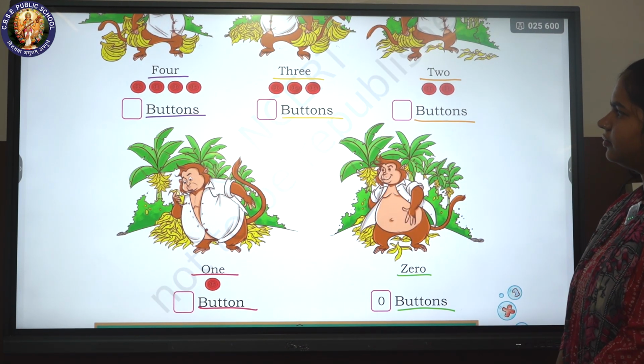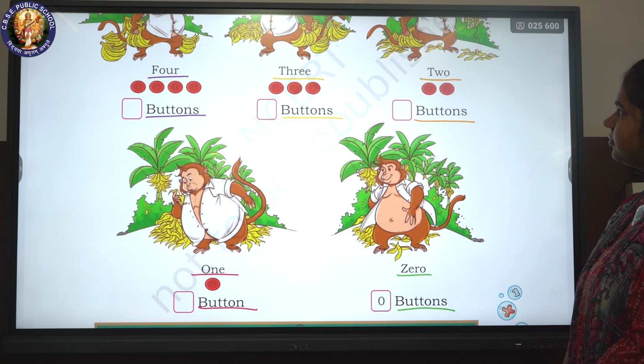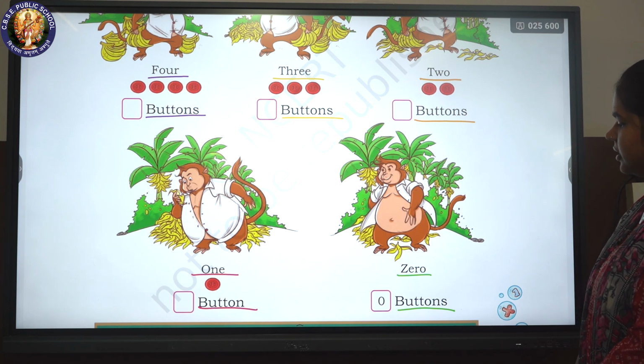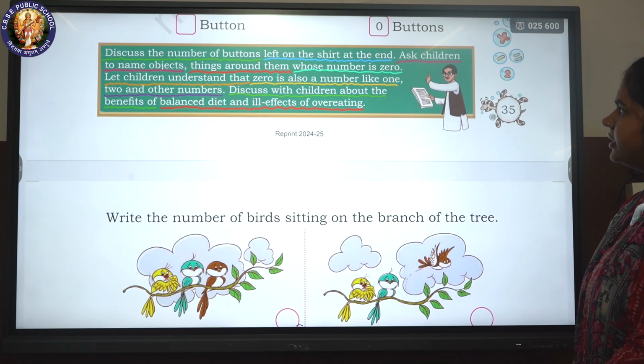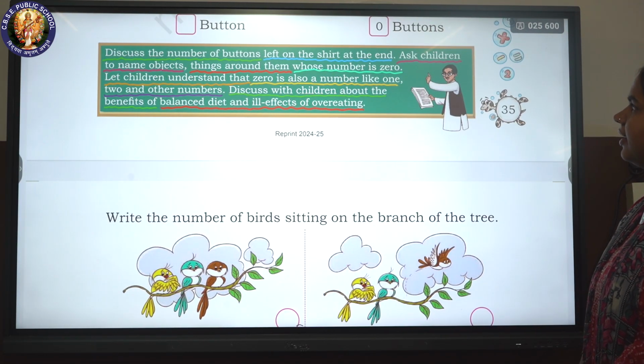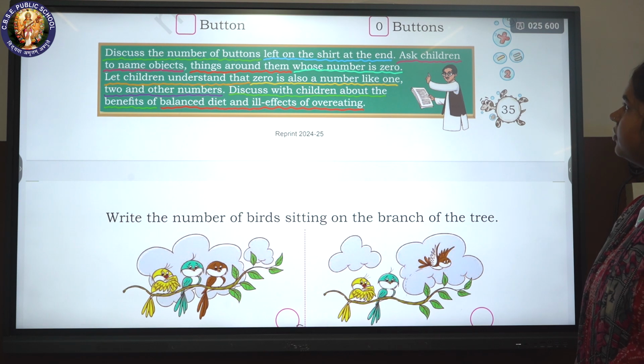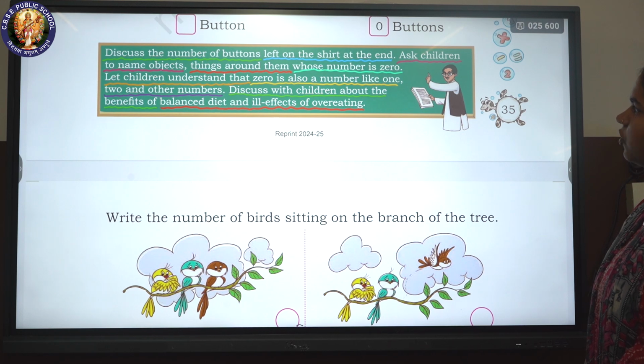4 buttons, 3 buttons, 2 buttons, 1 button, 0 buttons. Discuss the number of buttons left on the shirt at the end. Ask children to name objects, things around them, whose number is 0.